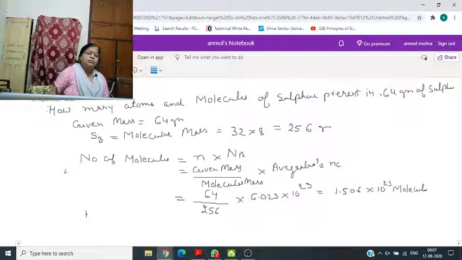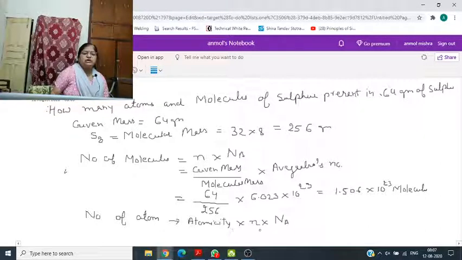Now the number of atoms will be, we only have to add atomicity. Atomicity into N, into capital N. So just now we have calculated N into capital N, and atomicity is S8, so it will be 8.